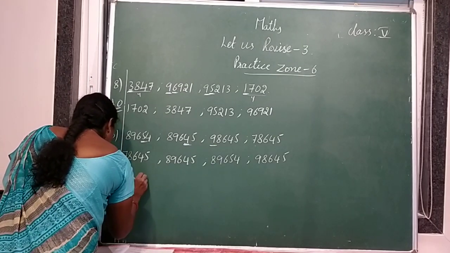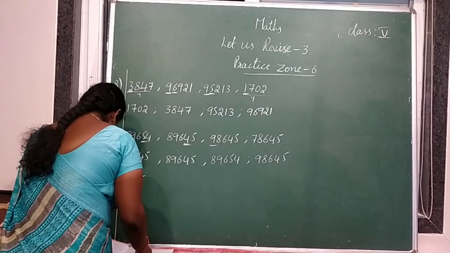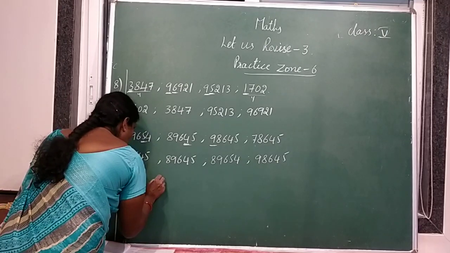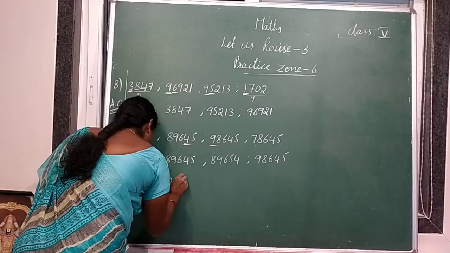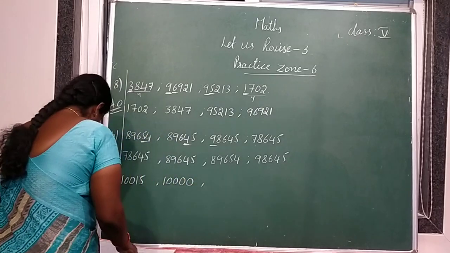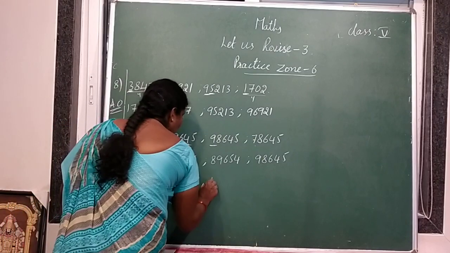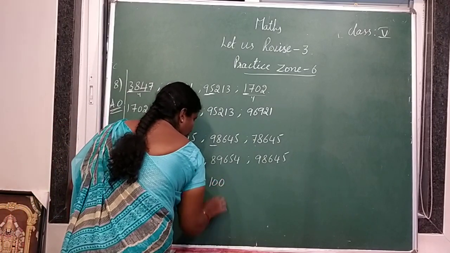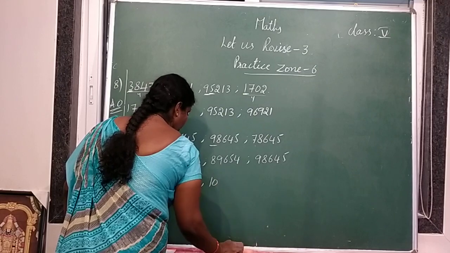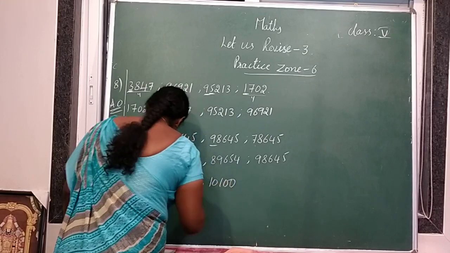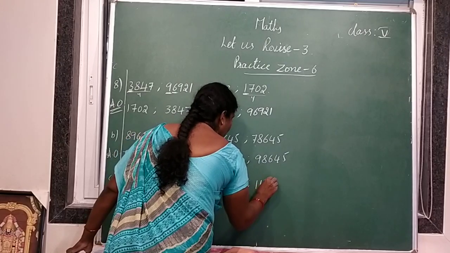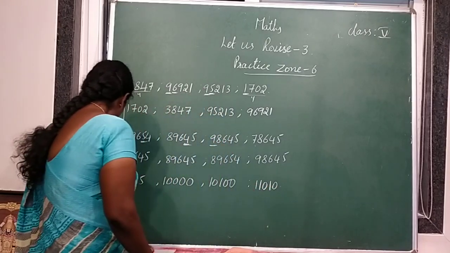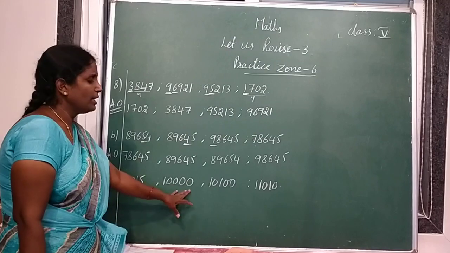10,015, 10,000, 10,100, 11,010. So these are the numbers.